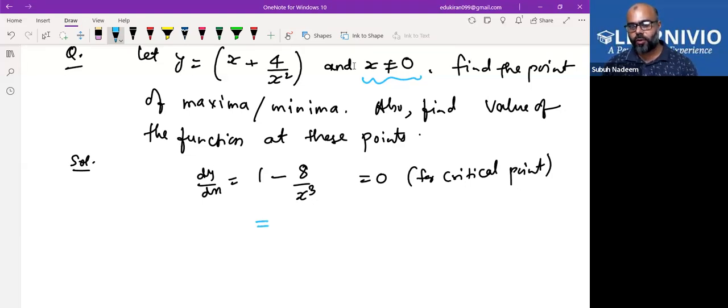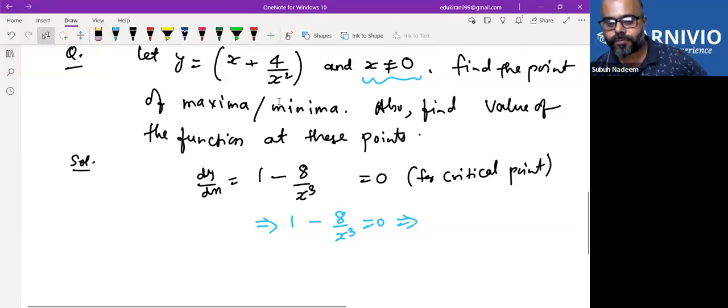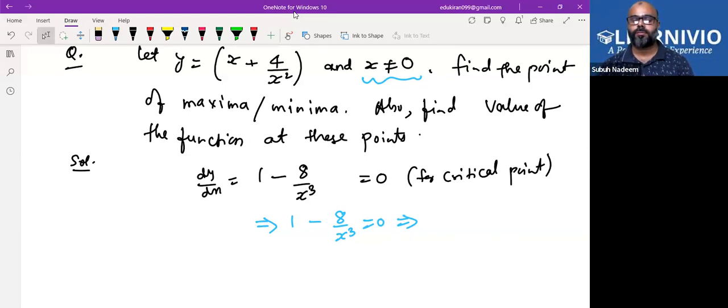Yeah. So from here, when you take 1 minus 8 by x cube equal to 0, what is the value of x that you are getting? Shavaz is saying x is equal to 2.